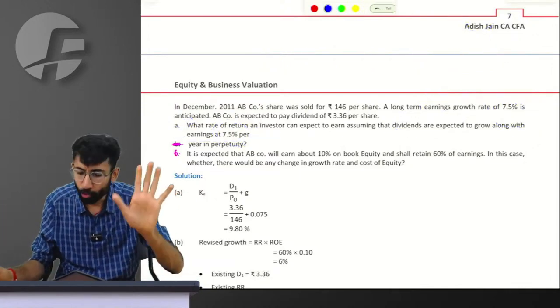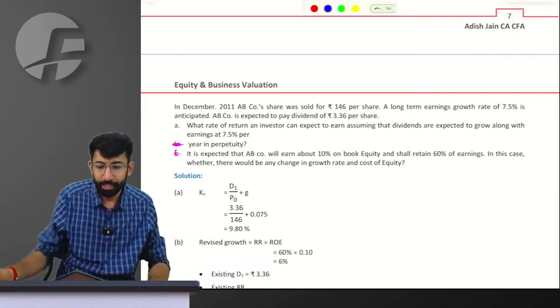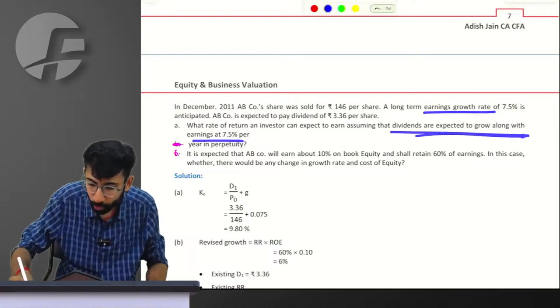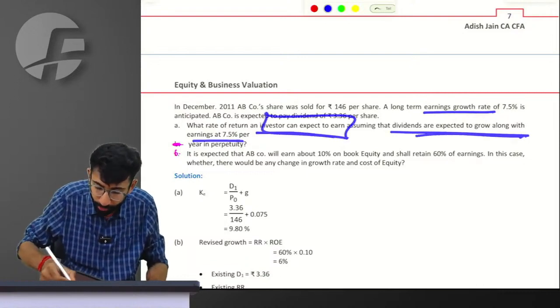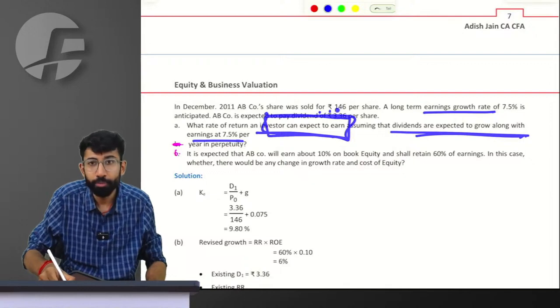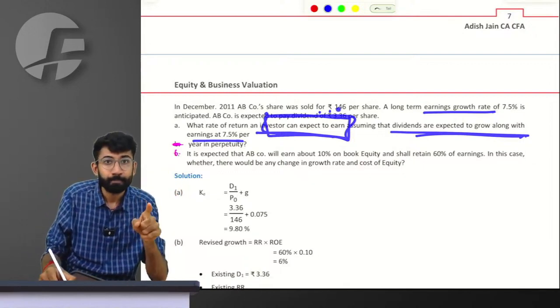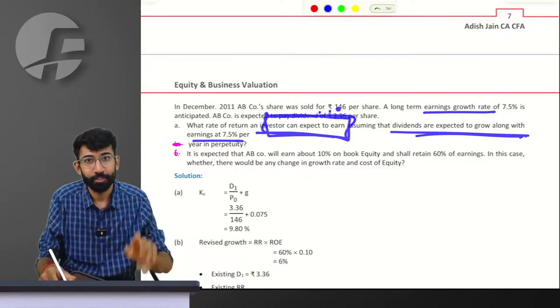Let me tell you, even if you don't think all these things, even if you don't think about earnings growth, dividend growth, what to consider, what not to consider, you will be able to solve a lot of questions, but not every question.